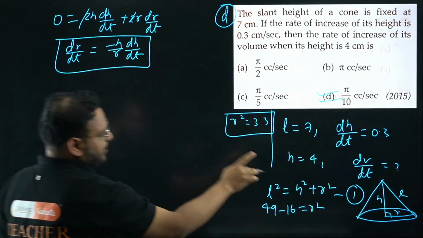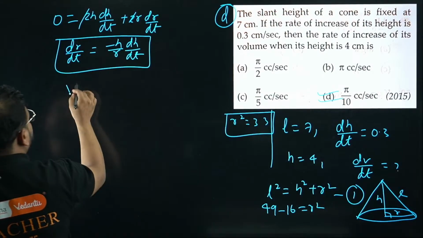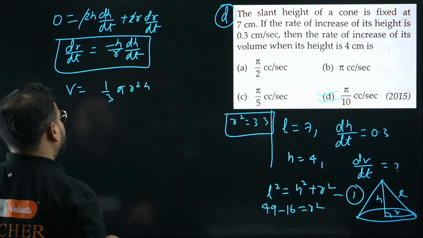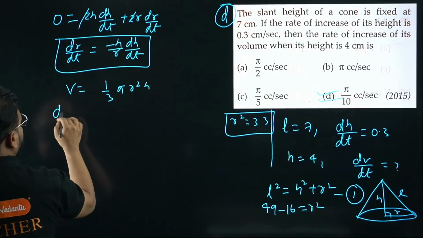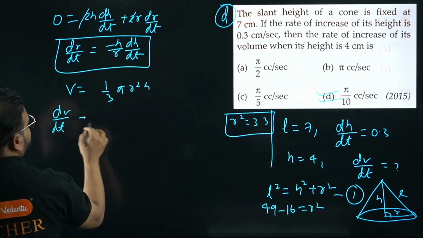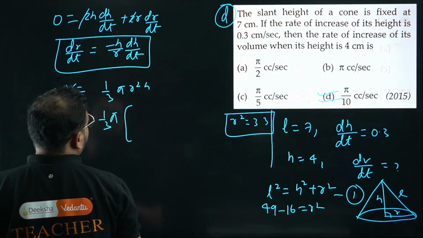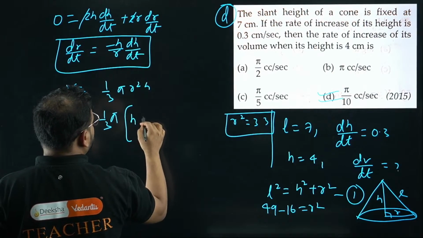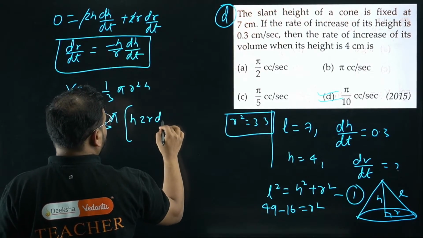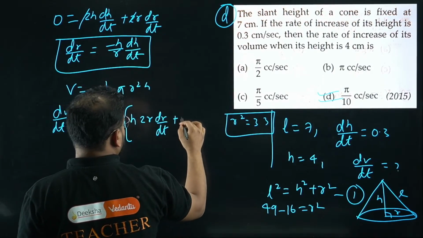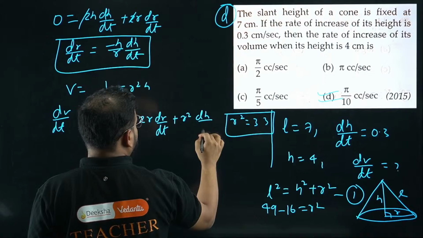But I'm looking for dV by dt. So V is 1 by 3 pi r square h. dV by dt will be 1 by 3 pi, which is a constant, keep it outside. I'll have the derivative of this as h as it is times 2r dr by dt, plus r square as it is times dh by dt.